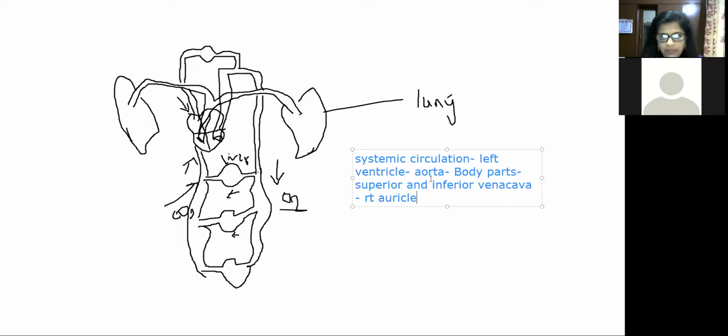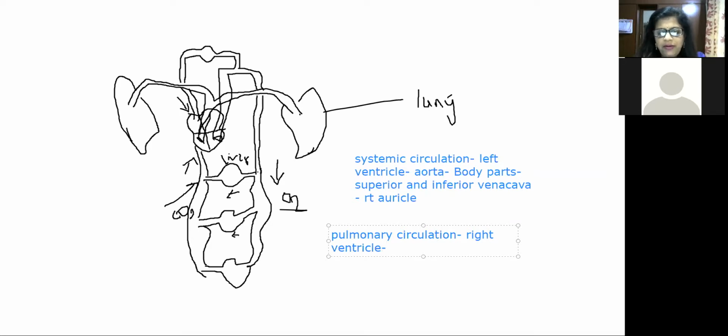Next comes the pulmonary circulation. This is what we learn under the heading pulmonary circulation. What is the route? It is starting from the right ventricle. It's a very important question.